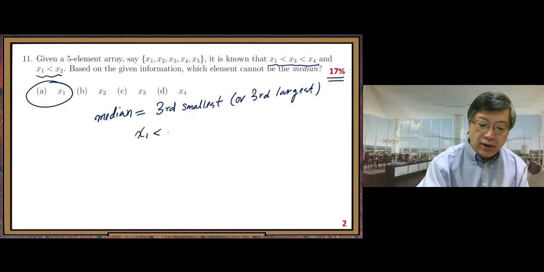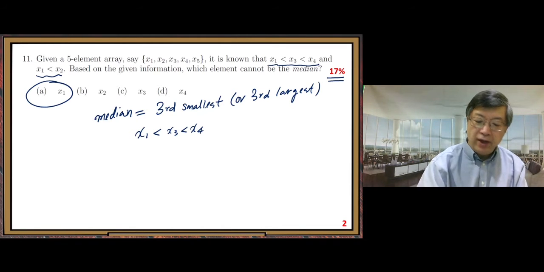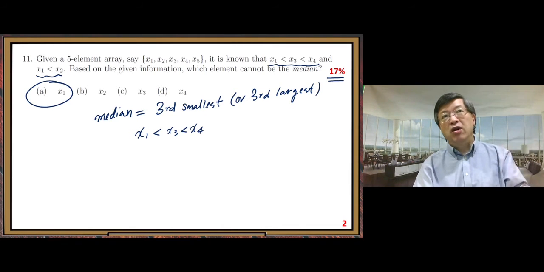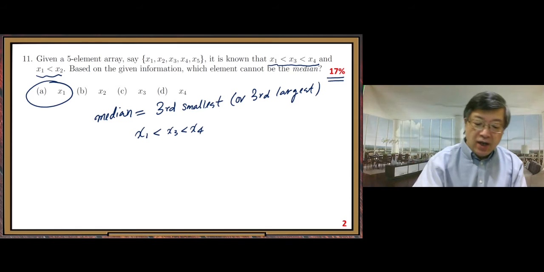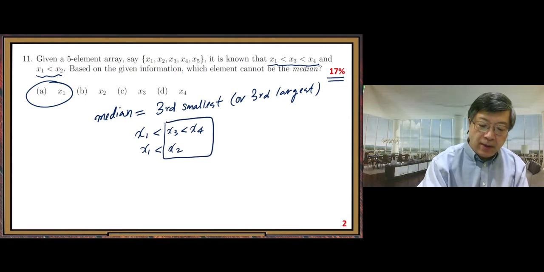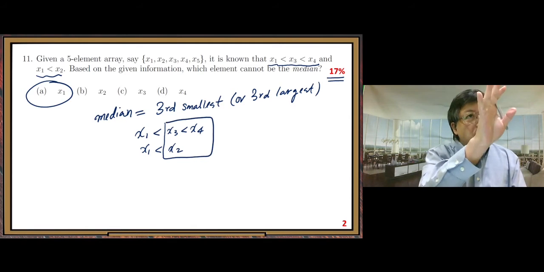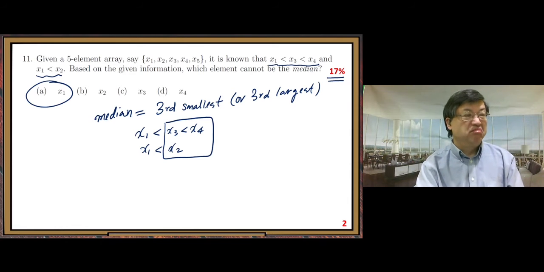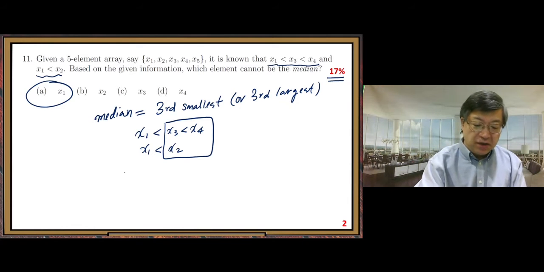x1 is less than x3 and x4, right? Already smaller than 2 elements. And x1 is also less than x2. You can see x1 is less than at least 3 elements.